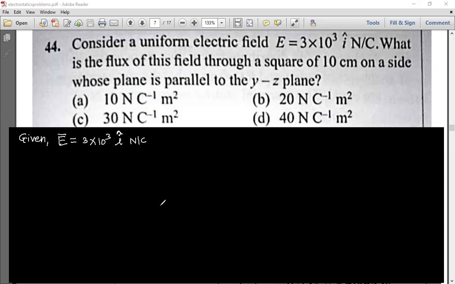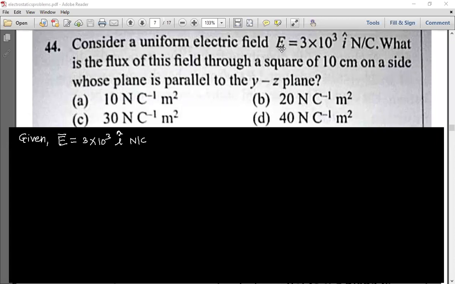That is the electric field vector we are having. Next, what is the flux of this field through a square of 10 centimeter on a side whose plane is parallel to the YZ plane?